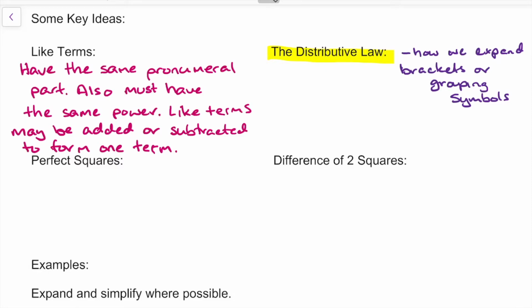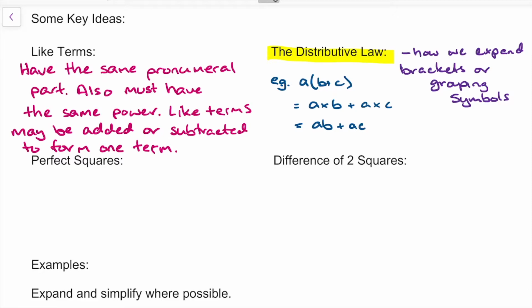So that's an e.g. if I have A outside of B plus C, then I need to distribute that A across that whole bracket. Just like that, okay? And then that simplifies down into AB plus AC.